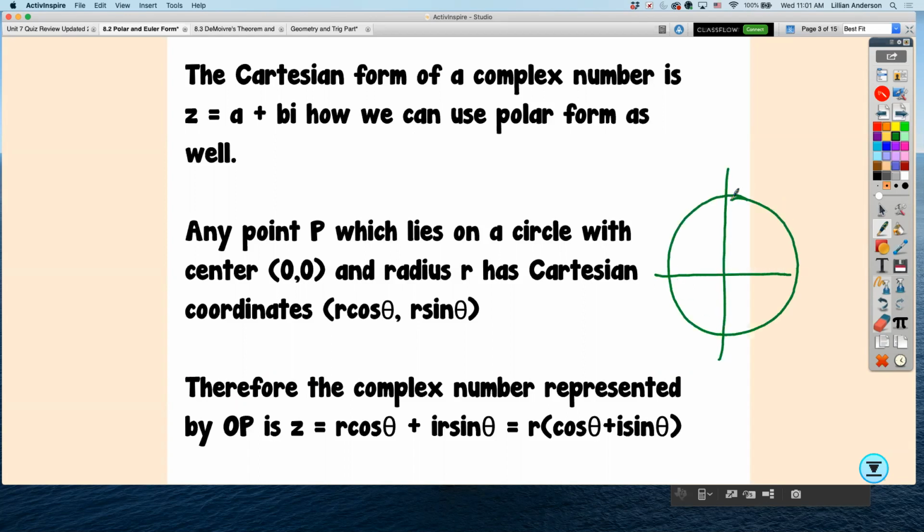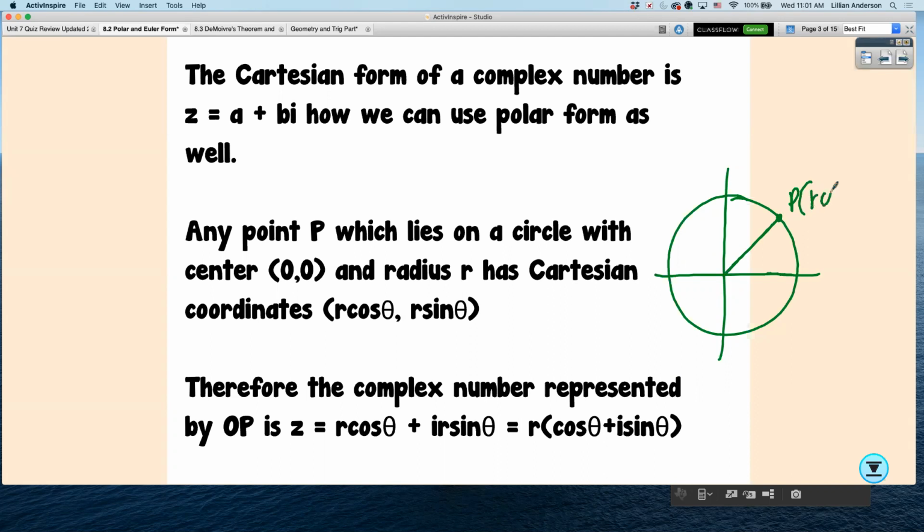You have your circle, you have a point that's on your circle. Remember, x represents cosine, y represents sine, and depending on the radius of that particular circle, you can essentially find the coordinates of any point that's on that circle. So that's where that's coming from.